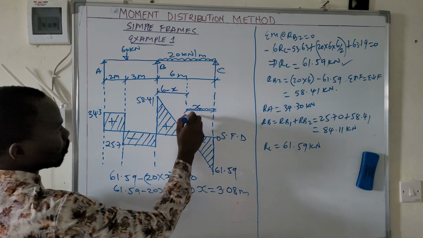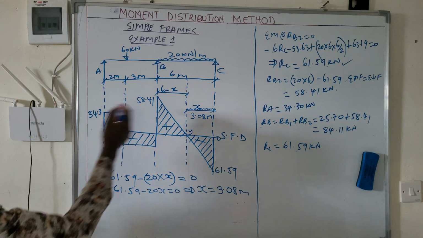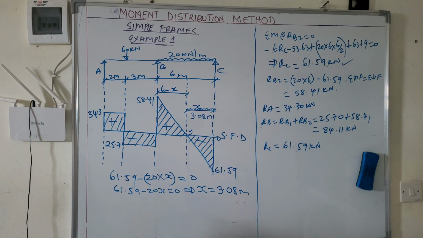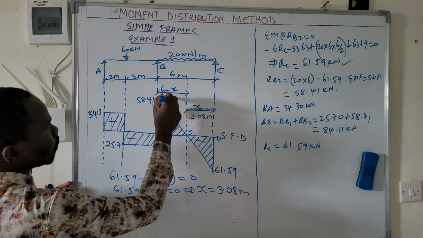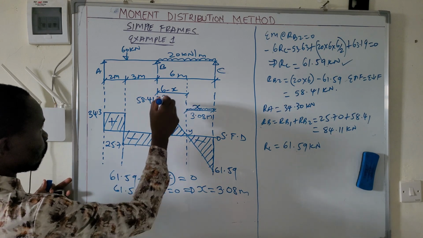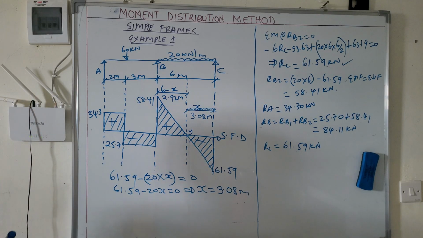So this distance is 3.08 meters. And the remaining distance, you get the difference between 6 and 3.08, which is 2.92. So this distance is 2.92 meters, like that. So now we can calculate our bending moment at various points.